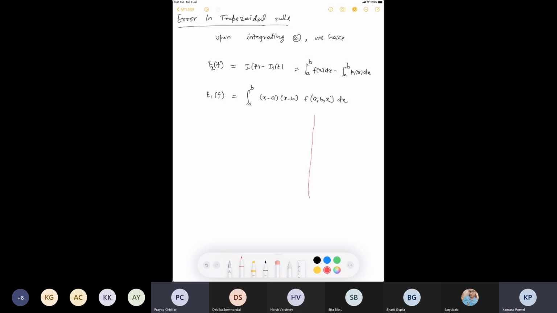Can you recall what the statement of the integral mean value theorem is? We have already discussed it before. I already stated it, I think, in the interpolation section.